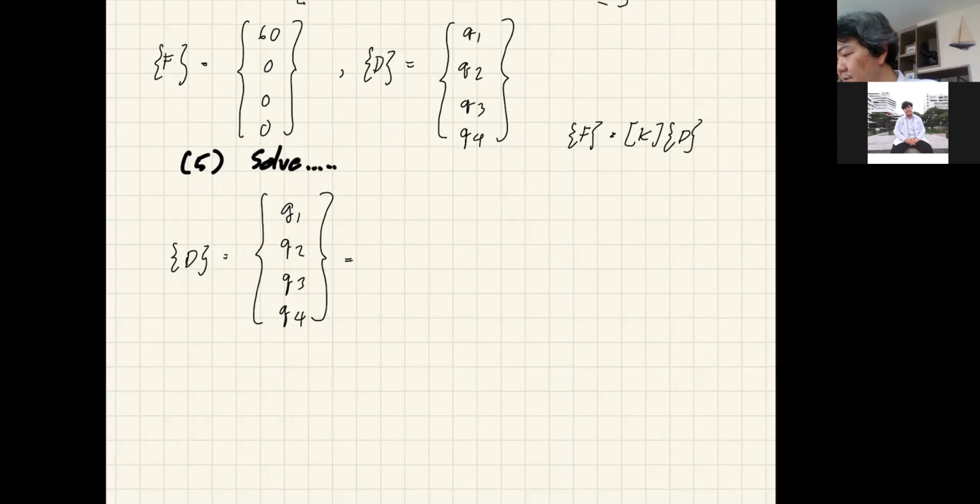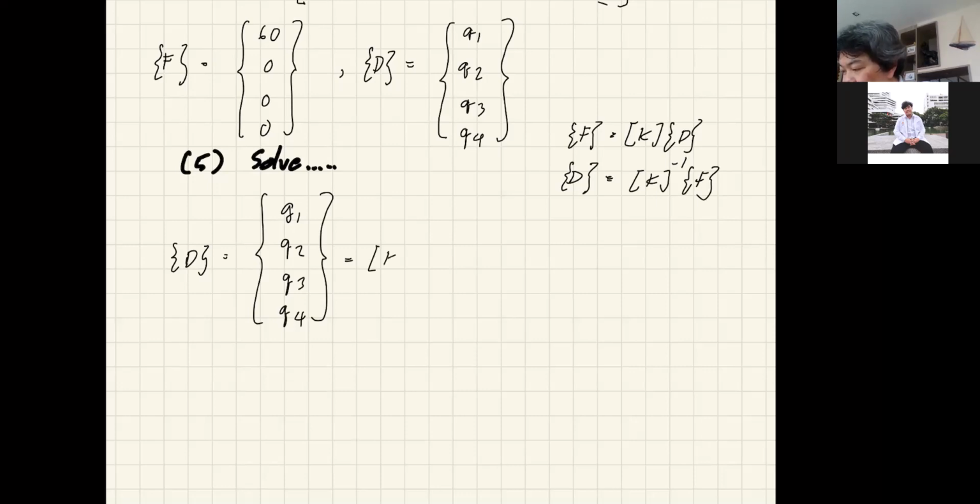So if you want D, it is K inverse multiplied by F, right?